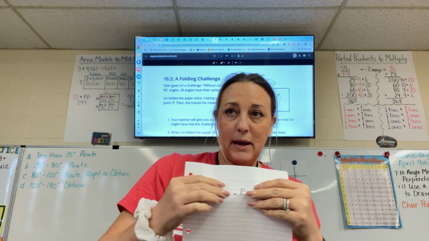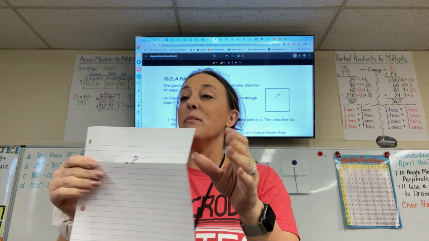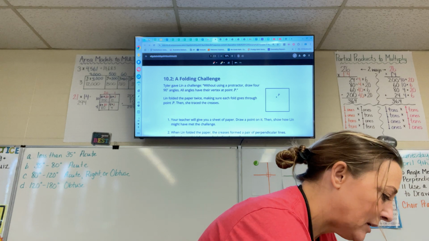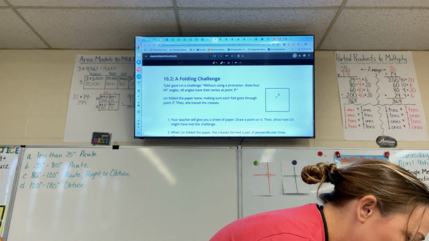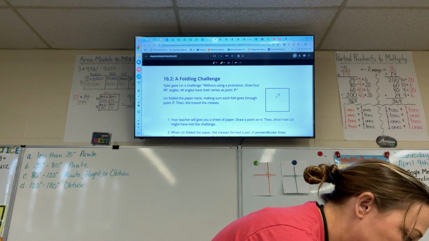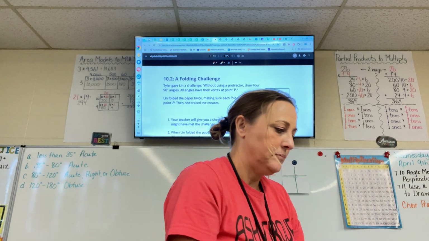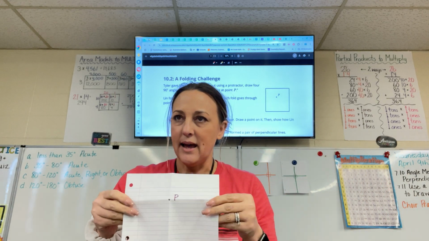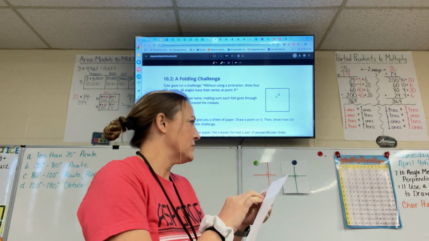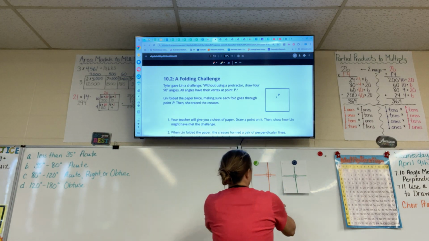So I folded the paper, and now I'm going to fold it again. And I'm going to make sure that it's folded where it's kind of creased on that point. Now, see that? See how it's got 4 angles? Can you see it? So let me go over it here.